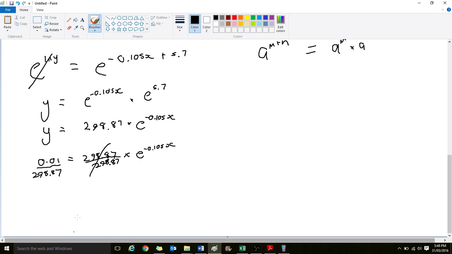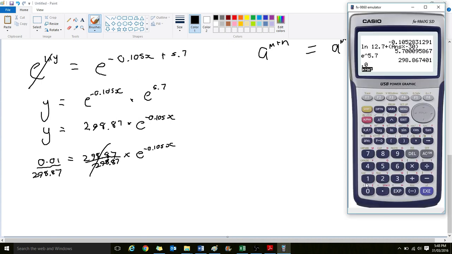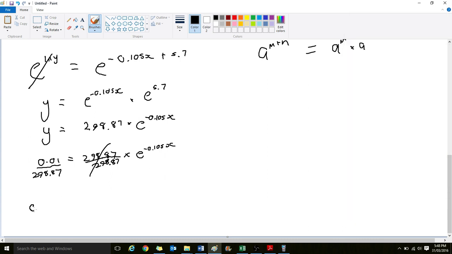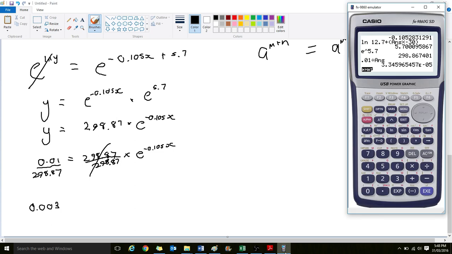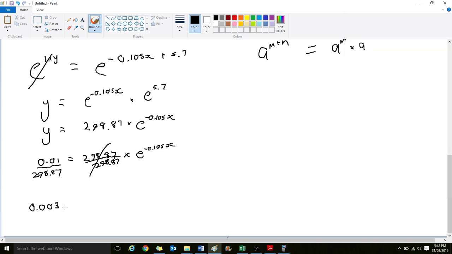Okay, so now we have 0.01 divided by 298.87 is 0.00346. And this is equal to e to the power of minus 0.105 x.